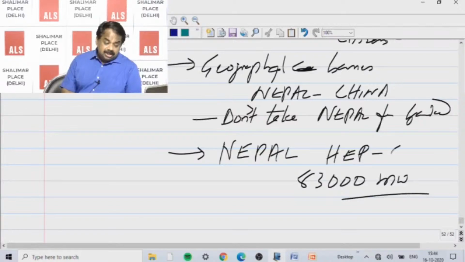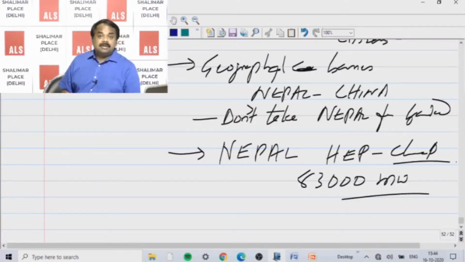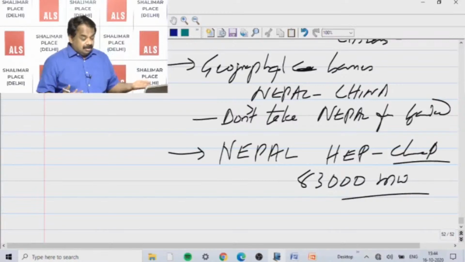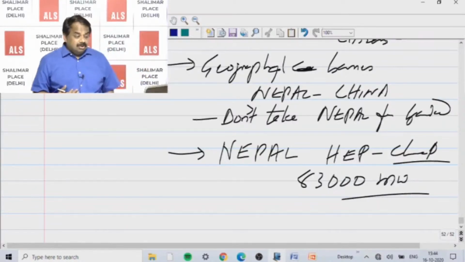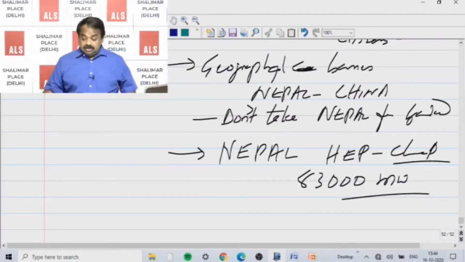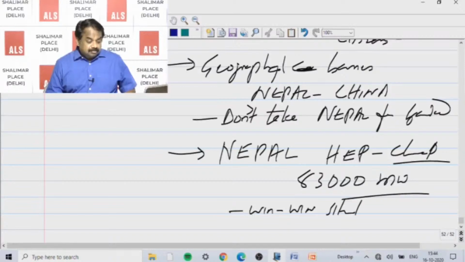Hydroelectric power is cheap, renewable, and does not result in global warming. But again, we should have agreements which are win-win situations.